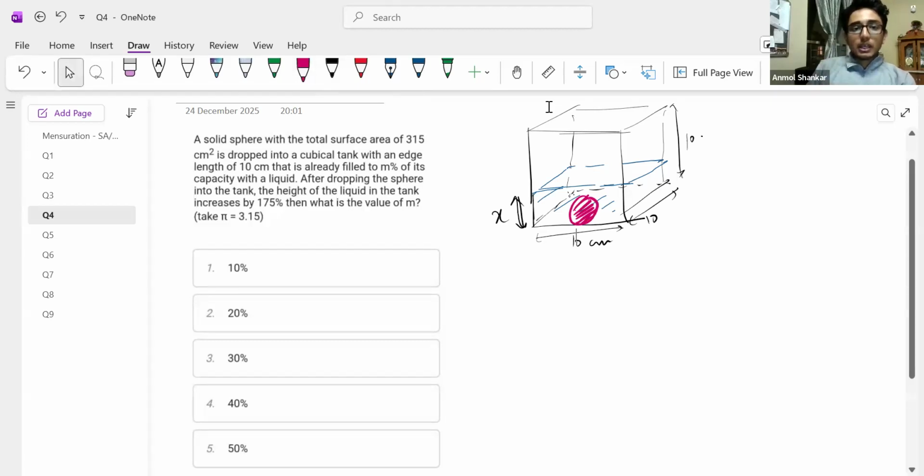It sinks down. Now the water level comes up to here, to a new height. First tell me, the height of the liquid in the tank increases by 175%, so initially x, and then what is the final height in terms of x?